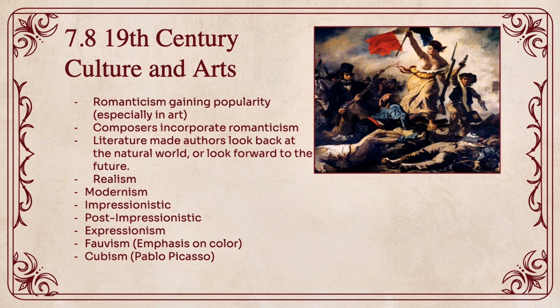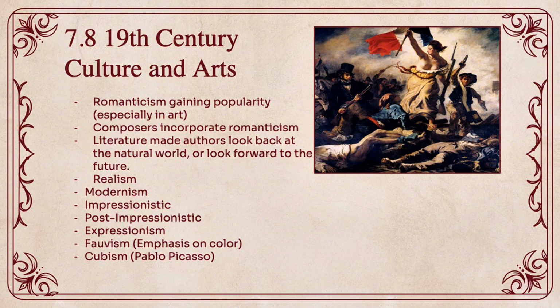Alright, so now let's look at 7.8, 19th century culture and arts. So during this time, most people lived through factory jobs. They had a ruthless lifestyle because of the Renaissance and the ideals that emerged out of that. But Romanticism heavily opposed that, with nature being the main outlook, and people's emotions being more highlighted than conserved inside.